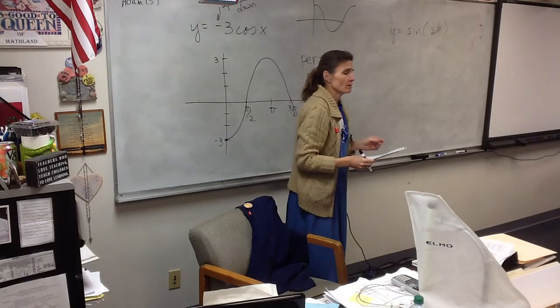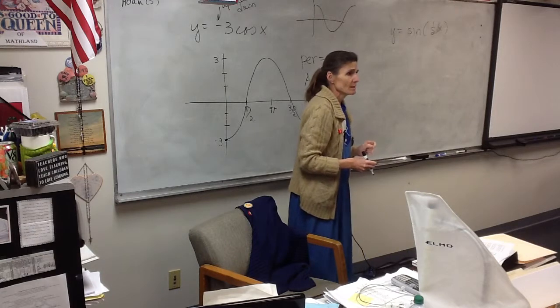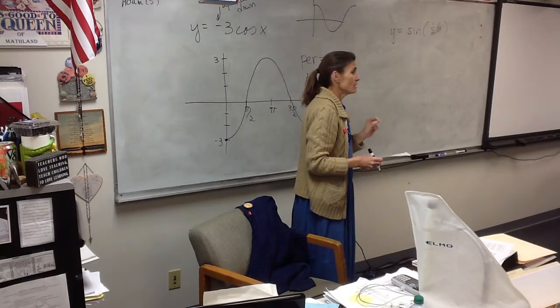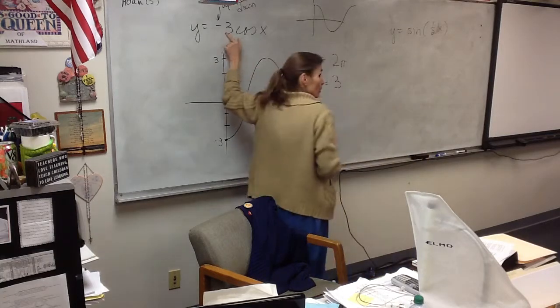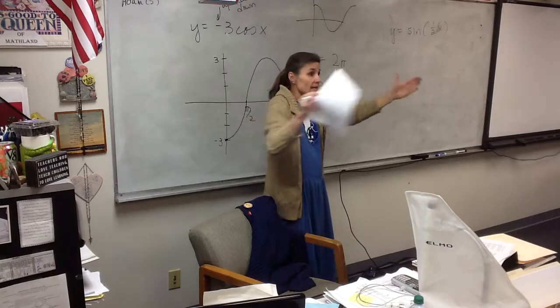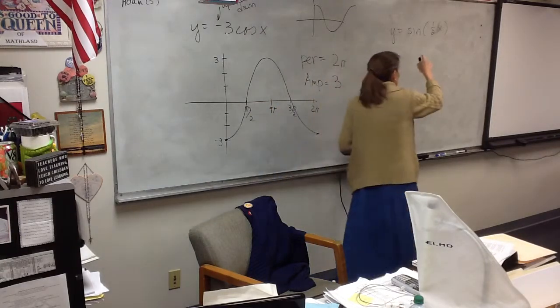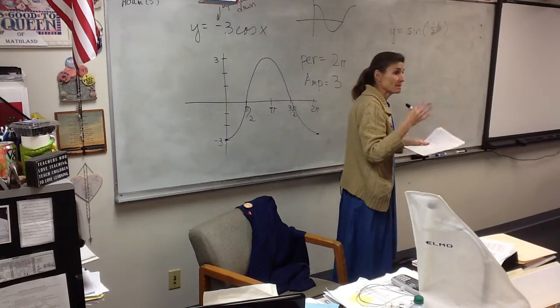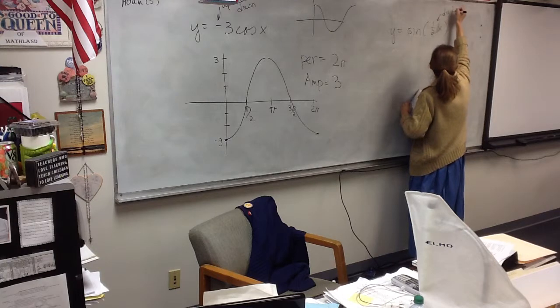Now be careful here. That number is in a different place. That number is a coefficient on X. It is not out in front, right? So it affects the period. And Maya, I don't know if you remember this or not, but when it's on the X, it does the opposite of what you think. This number actually divides the period.